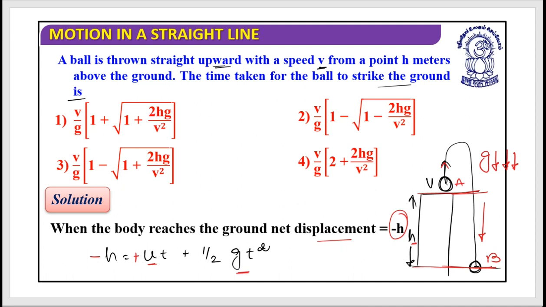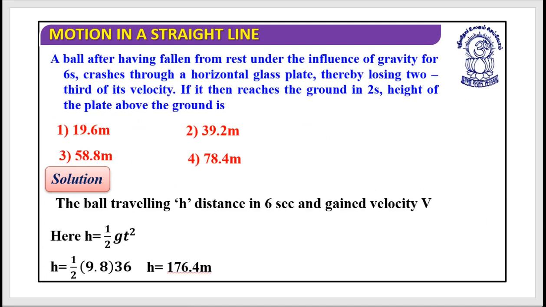Okay, so let's move to the next question. Keep all these things in your mind, and let's look at what the data is telling me. The question is that a ball, after having fallen from rest, that is u equals 0, under the influence of gravity for 6 seconds, crashes through a horizontal glass plate and thereby loses two-thirds of its velocity.